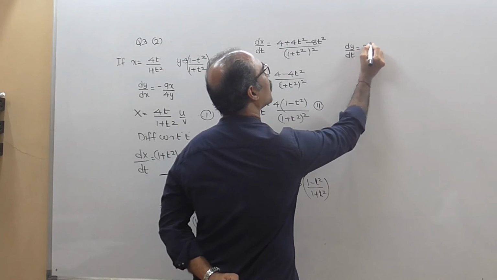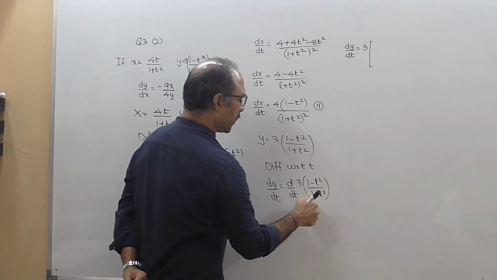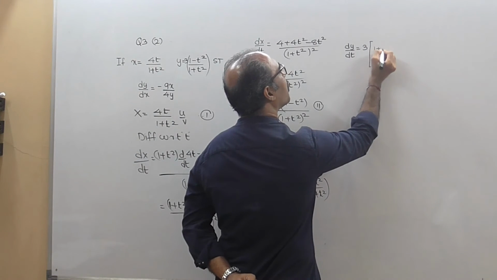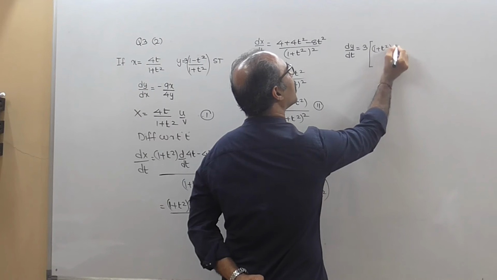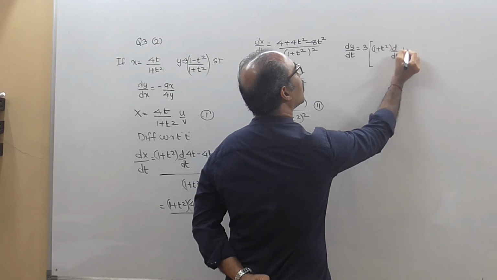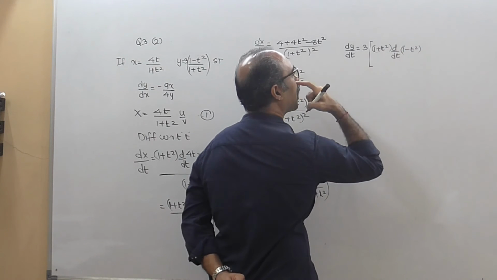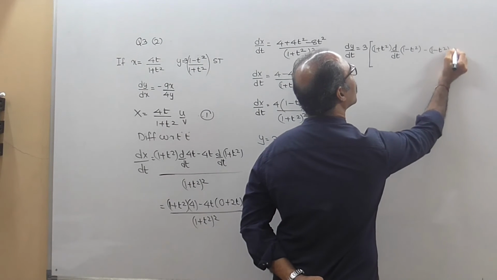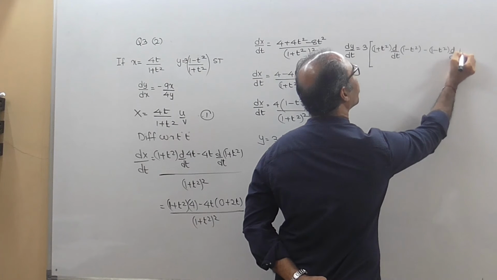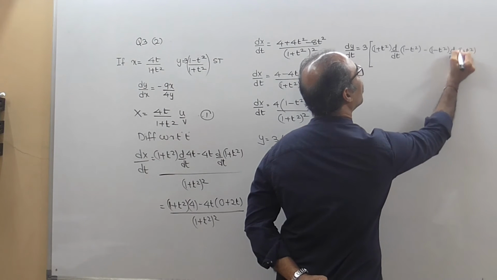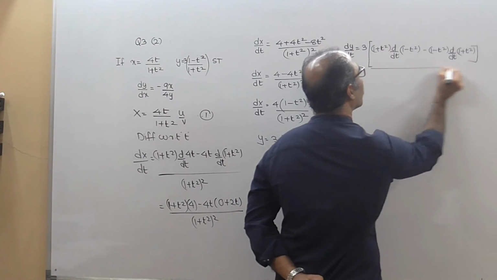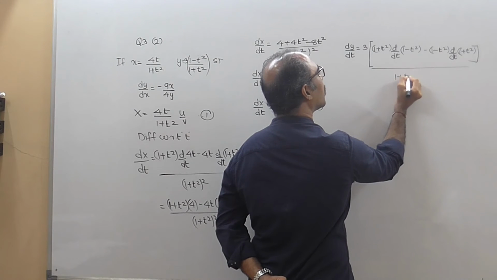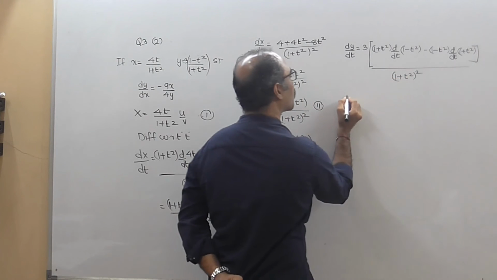dy by dt equal to 3 outside. This becomes u by v. The formula for u by v is v derivative of u minus u derivative of v, the whole upon v square, meaning (1 plus t square) the whole square.